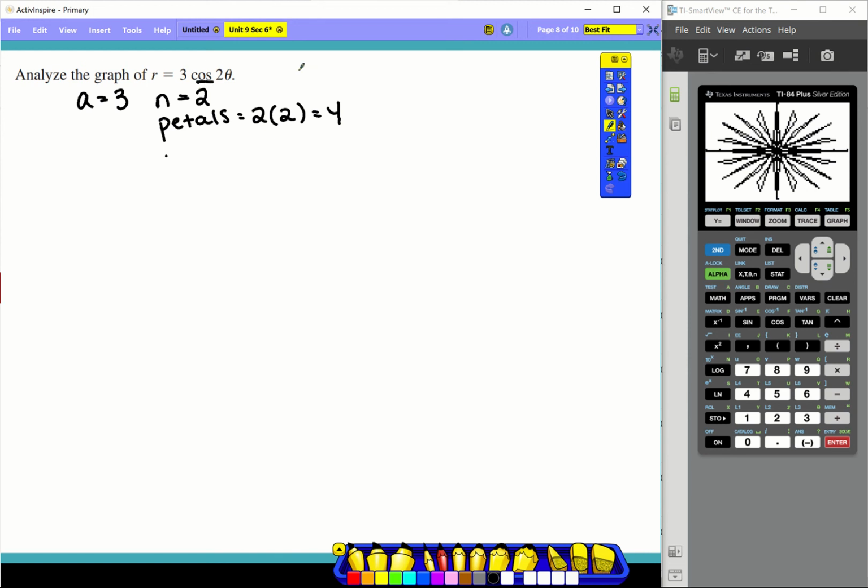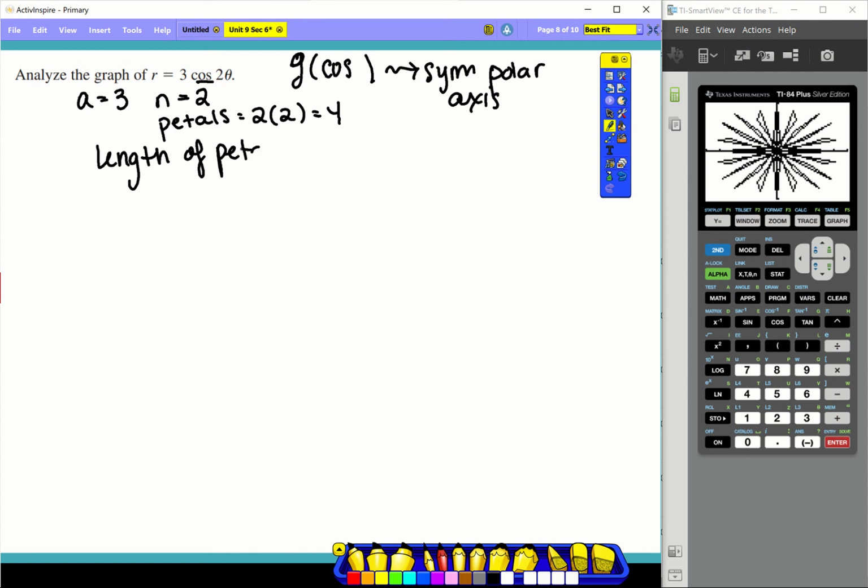Yes. Do you remember how we said G of cosine is going to be symmetric? So when you have a function that has cosine in it, you should check for symmetry with the polar axis. So the length of the petals is 3, since that's A.